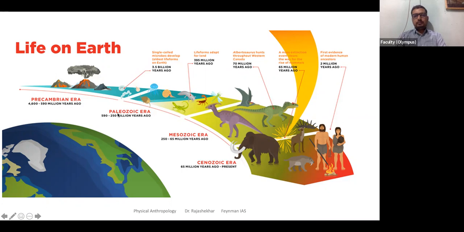So Precambrian, Paleozoic, Mesozoic, and Cenozoic. We divided them into different periods in a way. Of course, period is a different word here, and era is a different word. In its literal sense, this is a time scale where certain events have taken place. I'll tell you what they are.